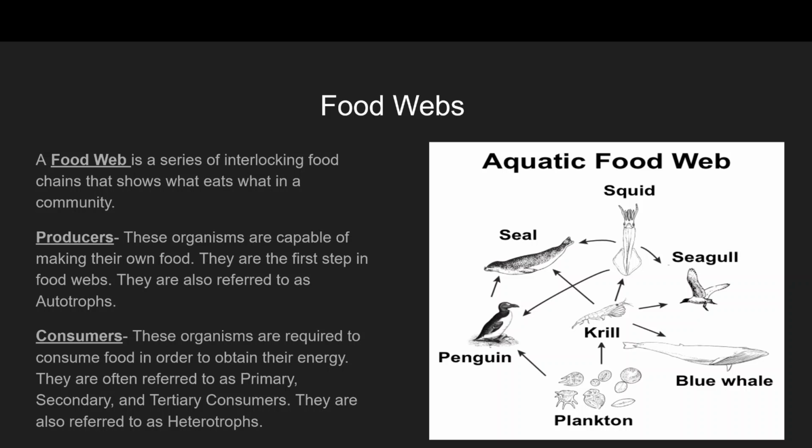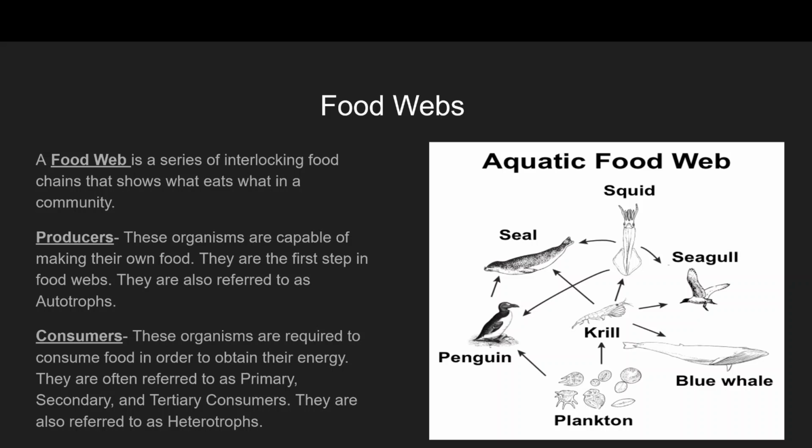They would have a really hard time finding enough seagulls out in their preferred environment to be able to maintain that size. So we have to include all these other things here, and that's what leads us to have a food web. So we have to include all of the organisms in our area.